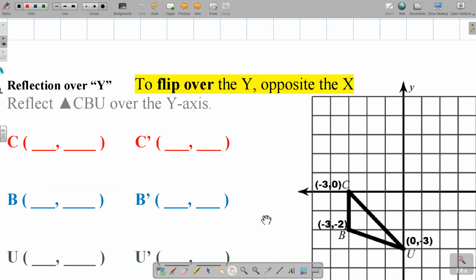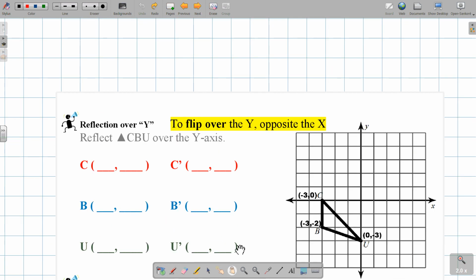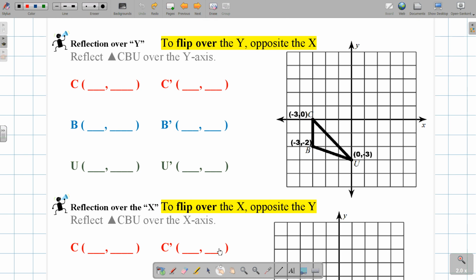We're going to do reflections. Reflections: to flip over the y, opposite the x. So we're going to flip over the y coordinate. I recommend you just darken the y-axis. We're going to take this image and mirror it over the y-axis.